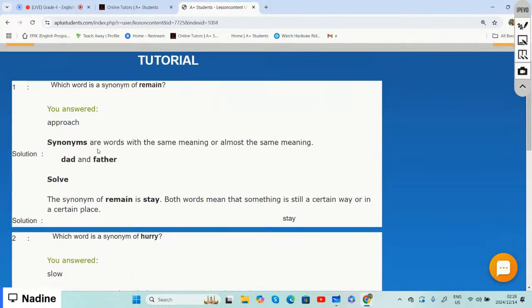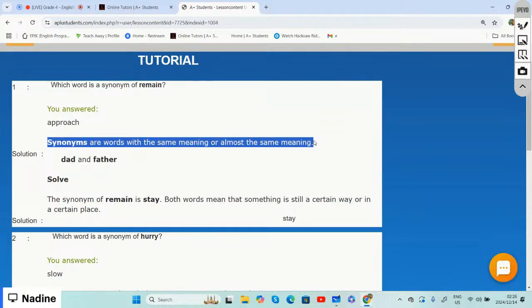All right. And we see the synonyms are words with the same meaning or almost the same meaning. And we made a few examples, starting with dad, father, daddy, pa, right? That was a few words that we made mention of.